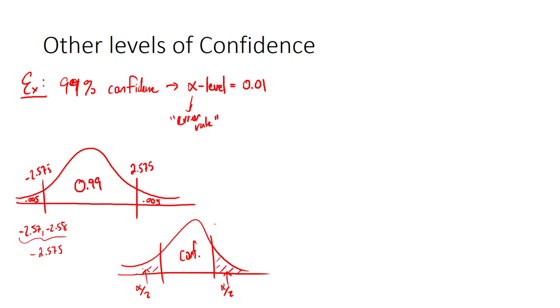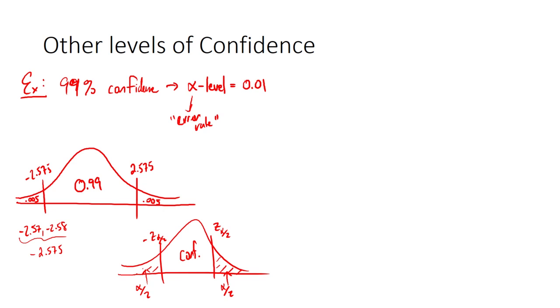So this cutoff is like that Z alpha notation, but actually the alpha level gets cut in half because it's equally split between the two tails. So we call this multiplier Z alpha over 2 because it's literally the Z score when you take the confidence level, calculate the alpha level, and split it in half. And so that's how much is above, and then the negative on the opposite side.